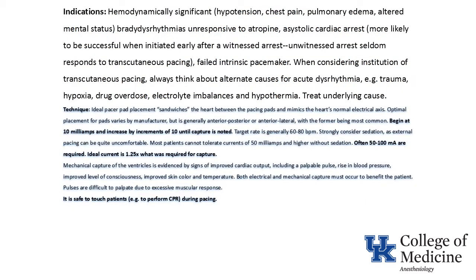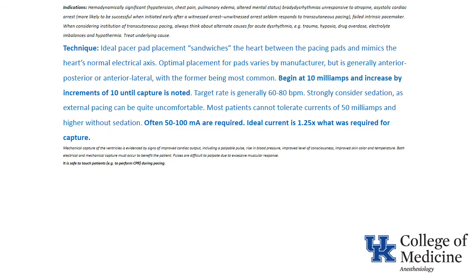Now, personally, I've never paced a patient transcutaneously, but the next few slides do summarize how to do it. As it says, the placement of the pad may vary by manufacturer, but is generally posterior, and it is recommended that you start with a low current and increase by increments of 10 until capture is noticed.